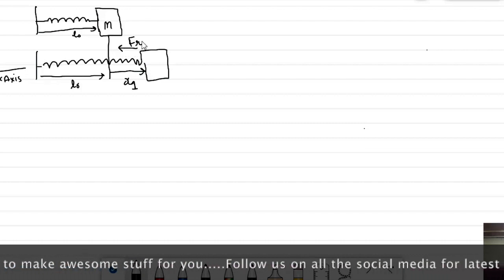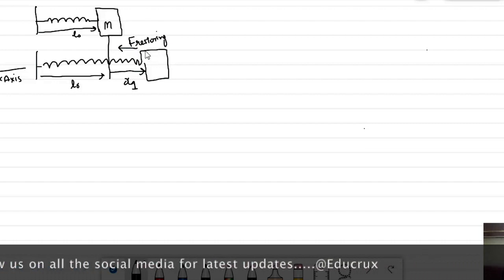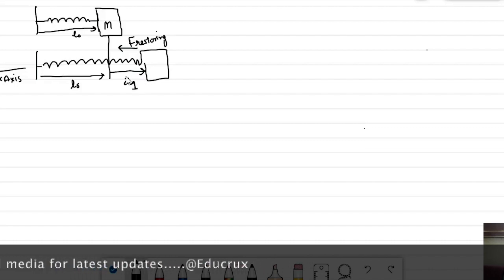So the restoring force acts on the block due to the elongation of the spring, and the direction of this force will be in the negative x-axis, and the displacement is in the positive x-axis.